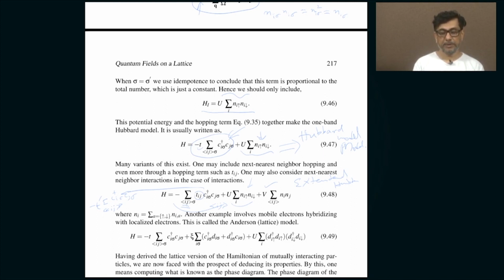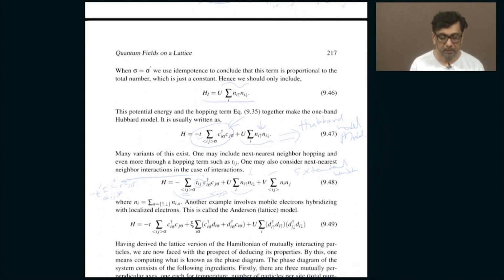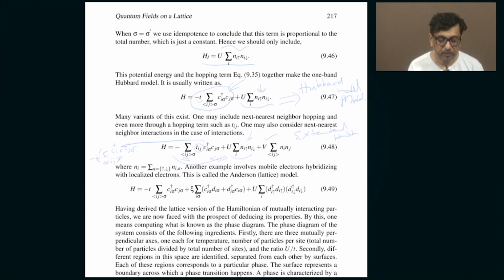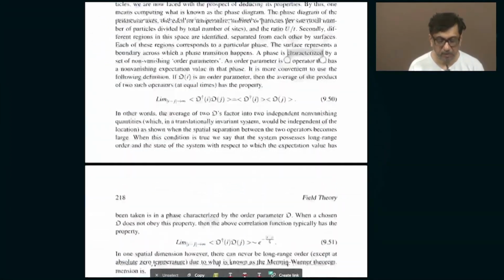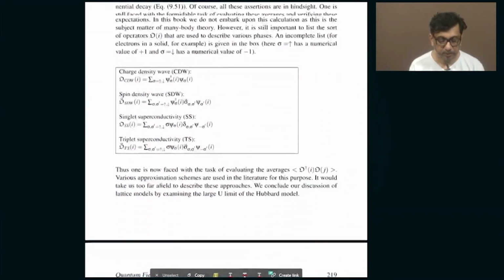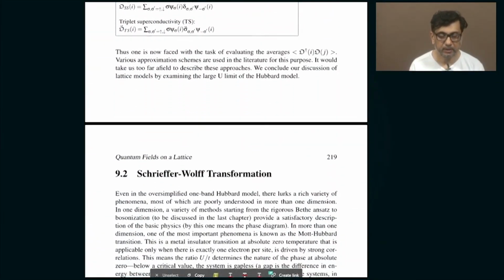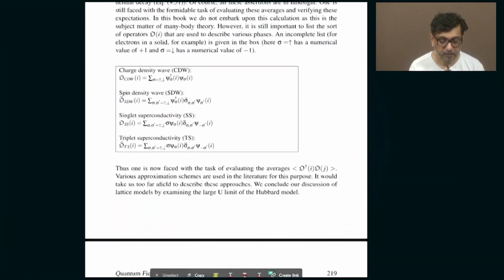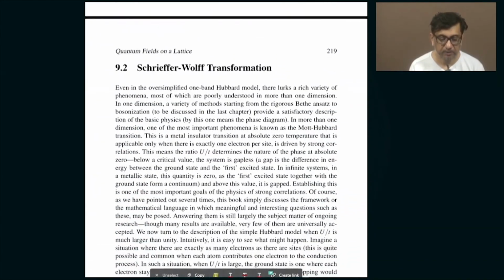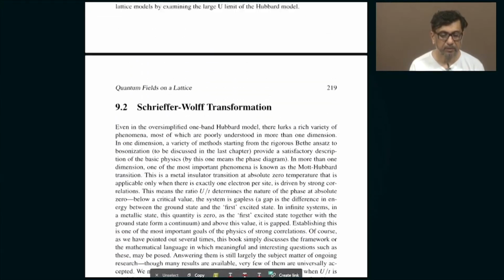So, I will stop here, and in the next class I will describe some variants of this Hubbard model. There is something called the Anderson lattice model and so on. Then I will explain what sort of quantities are worth calculating using this tight binding picture. There are some quantities called order parameters that are interesting which you have to calculate.